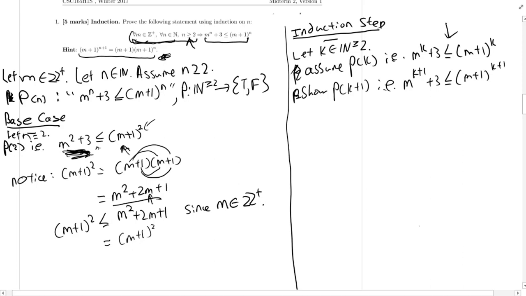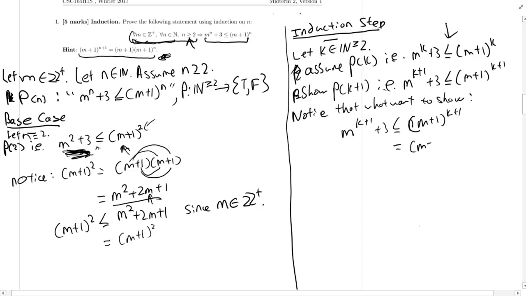Notice what we want to show, and we rewrite this: (m plus 1) to the k plus 1 is equal to (m plus 1) to the k times (m plus 1). Let's think about this. We take what we know from the induction hypothesis: m k plus 3 is smaller than or equal to (m plus 1) to the k.